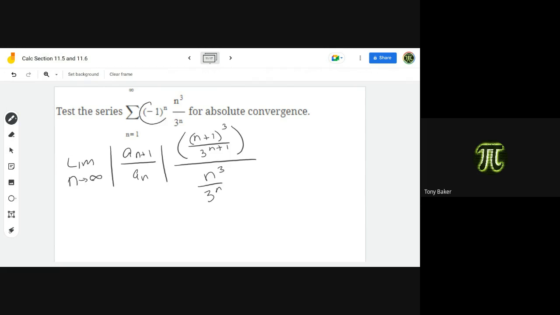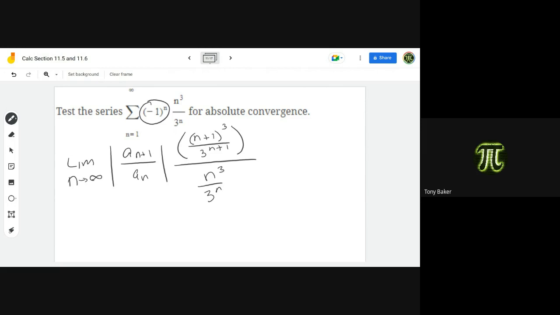Notice I did not put the absolute value there, although you should, because in essence it takes care of that. The only time you'd have to keep the absolute value in place is if it was a trig function that goes back and forth.